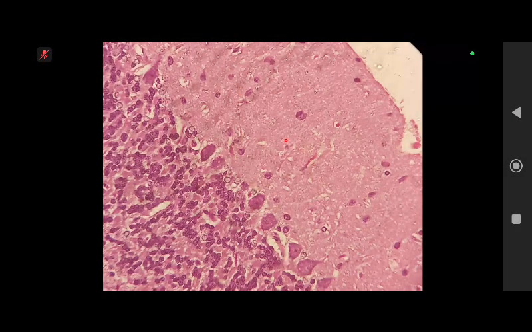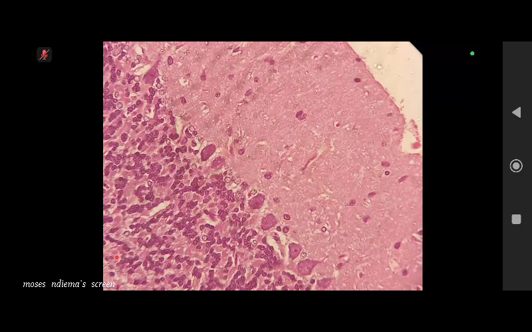So it synapses with the dendrites of the Purkinje, and also with the dendrites of the Golgi cells. So this is what we have as the granular layer of the cerebellum. But like I said, the only output will be from the Purkinje cell.